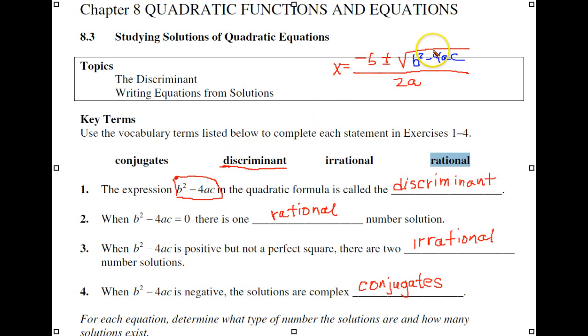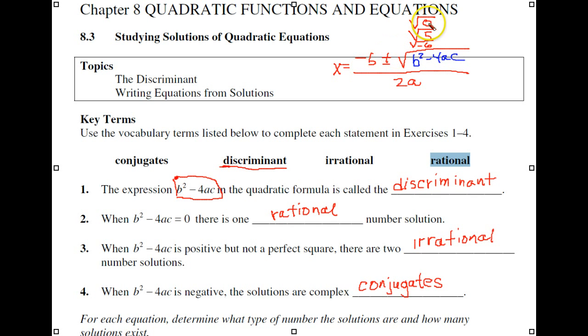Now, when we are working the quadratic formula and our discriminant is 0, or our discriminant is, let's say, 5, or our discriminant is -6, in all of these cases, what our discriminant is determines the number of solutions we're going to have for this particular quadratic equation.